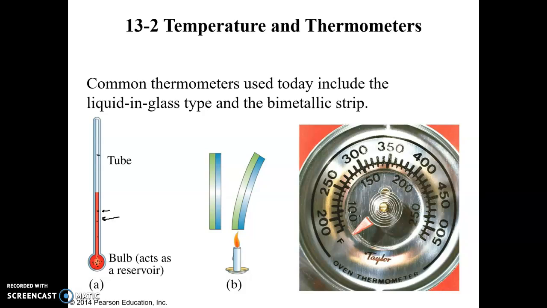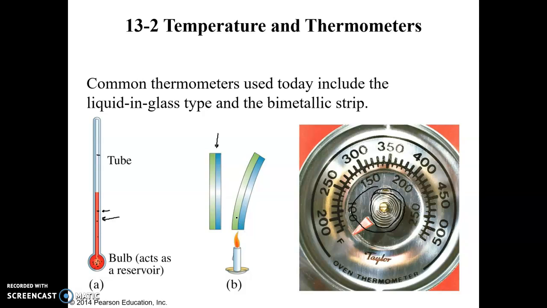Thermostats, and in this case it looks like an old oven thermometer, can be made with what's called a bimetallic strip. So the spring you're seeing here in the middle, coiled up, is actually made of two different types of metals, shown here in the diagram, one green, one blue.